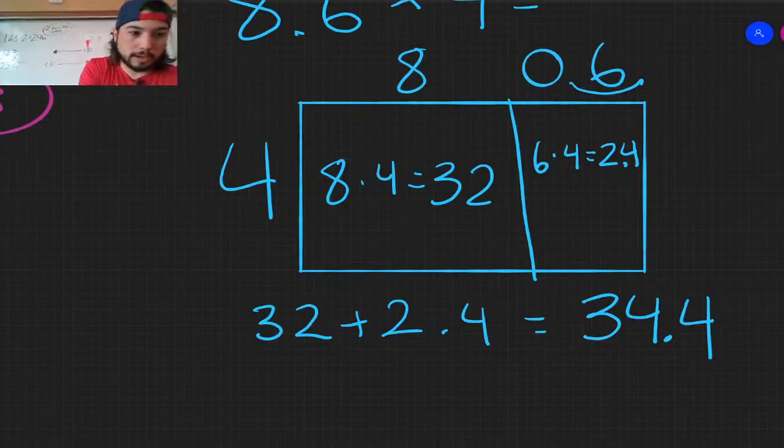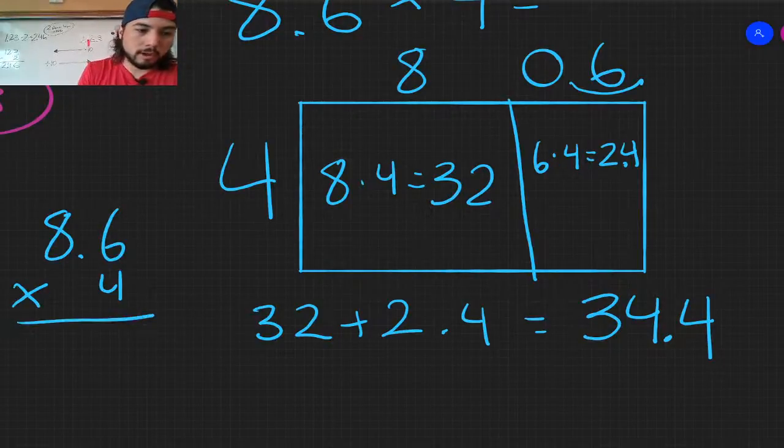Alternately, you can do it this way. 8 and 6/10 times 4. Okay, we're going to multiply by 10 up here, so moving one place to the right to hide our decimal point. Okay, so we've gone 1 to the right.